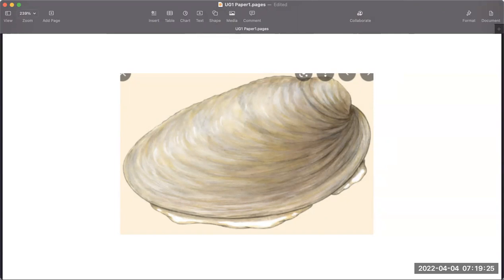Foot here is broad and flat with 8 pairs of pedal retractor muscles. Gills are external, 5 pairs in number. They have 6 pairs of nephridia. Out of these 6, two are gonoducts.